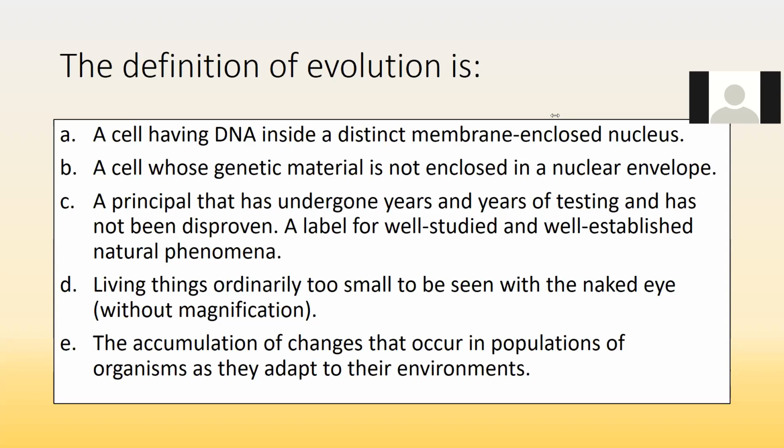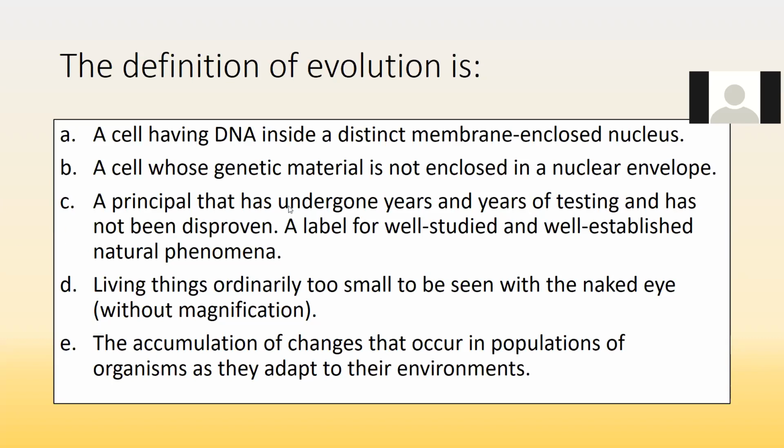Now, for the folks that picked C, this is the next best answer. It's not correct, but it's what I call the best wrong answer. Why is it the best wrong answer? Isn't that a theory? It is a theory, and we always say the theory of evolution.